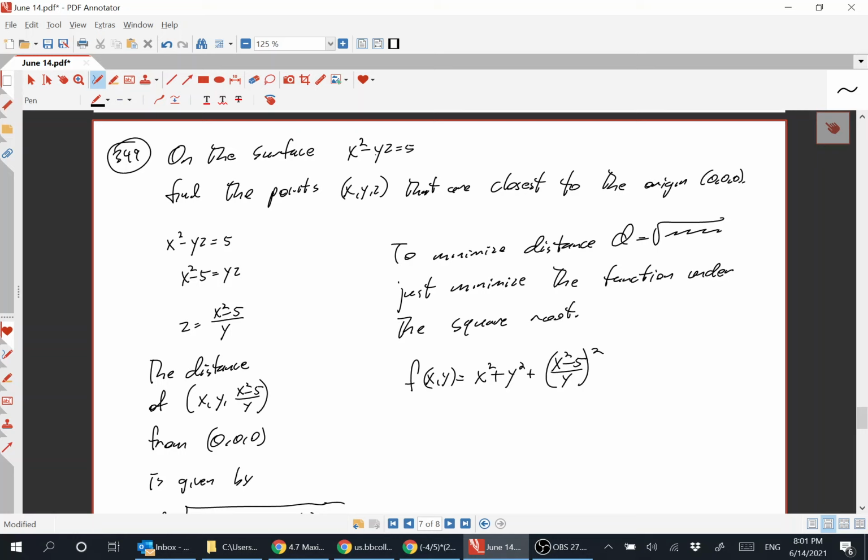For this function, we just have to avoid y equal to 0. But on the surface you can have y equal to 0, so that's a special case, apparently. Aside from y equal to 0, there's no restrictions, so the minimum must occur at a critical point.